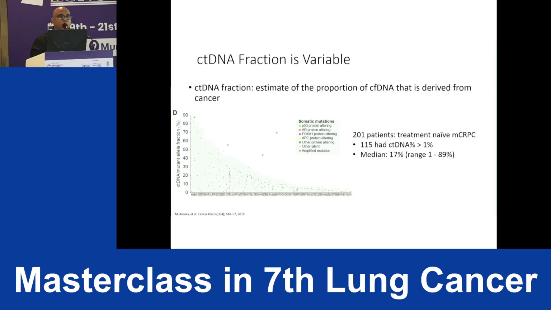It was because the ctDNA fraction in these patients was less than 1%. So how do we know whether a patient has the requisite underlying ctDNA fraction or not is paramount and should be in your consideration for prescribing these tests.